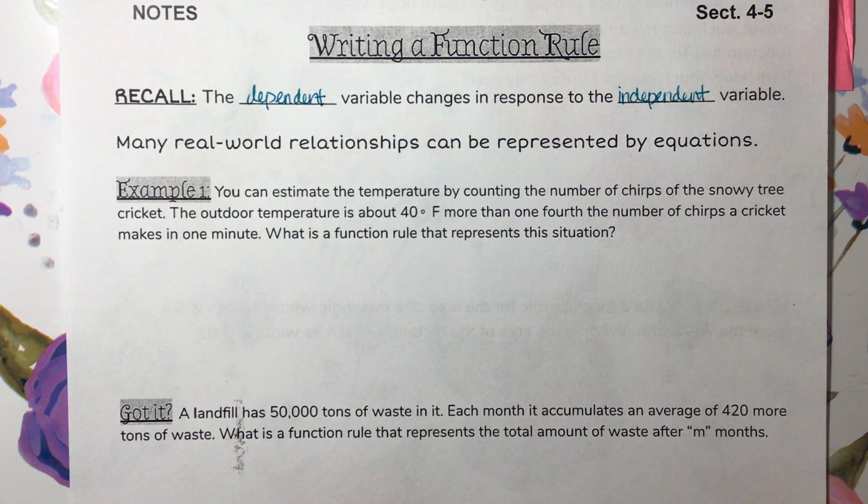So there are many real-world relationships that can be represented with equations. For example, profits or, let's see here, speed going down the highway and different things like that. We're going to put some of these real-world examples into algebraic form for today.